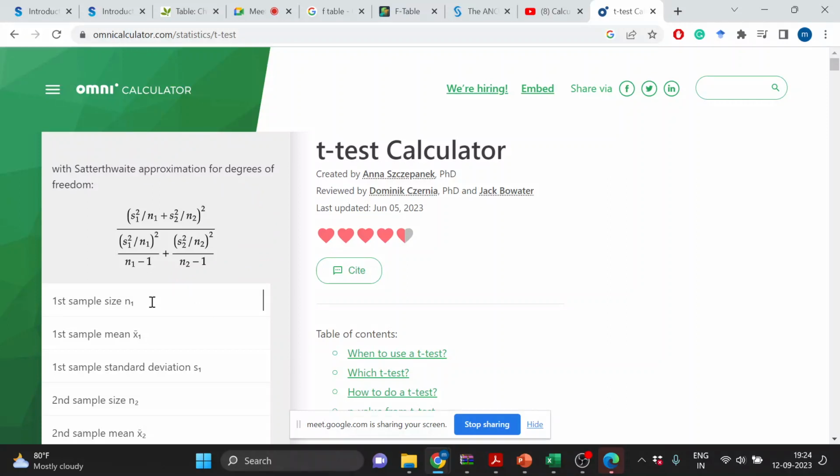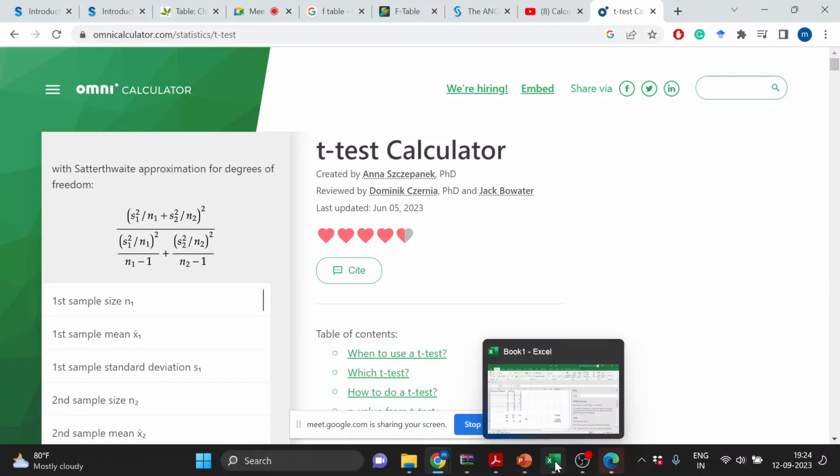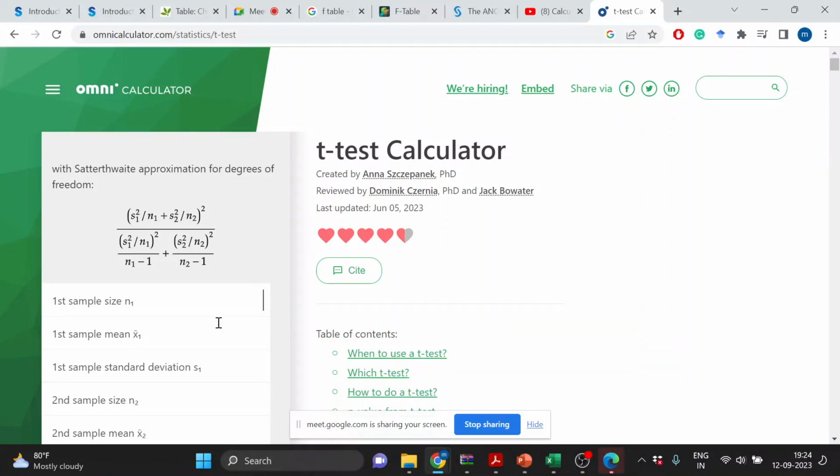What was the sample size of your cricket? What is the sample size? 24, sir. And what was the mean? Mean 27.75. And standard deviation? 2.64.